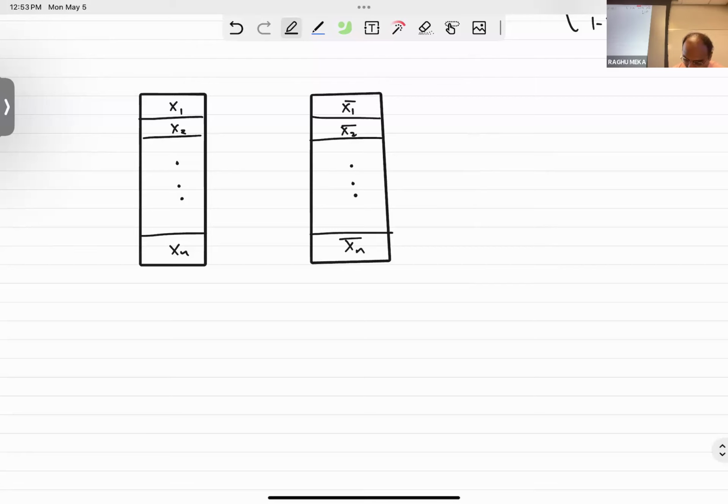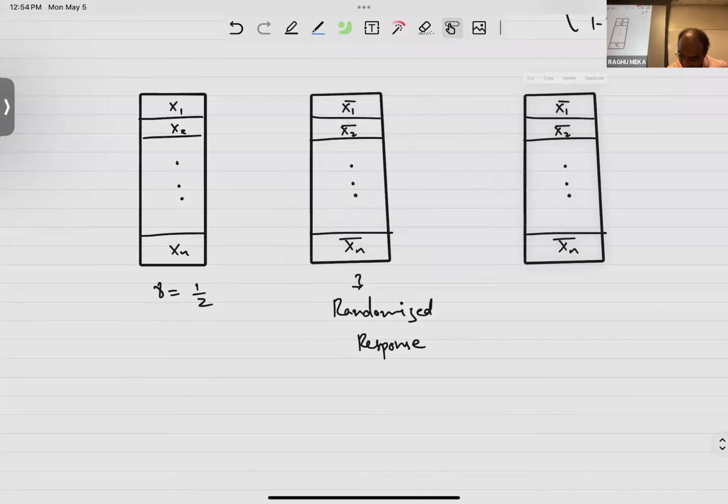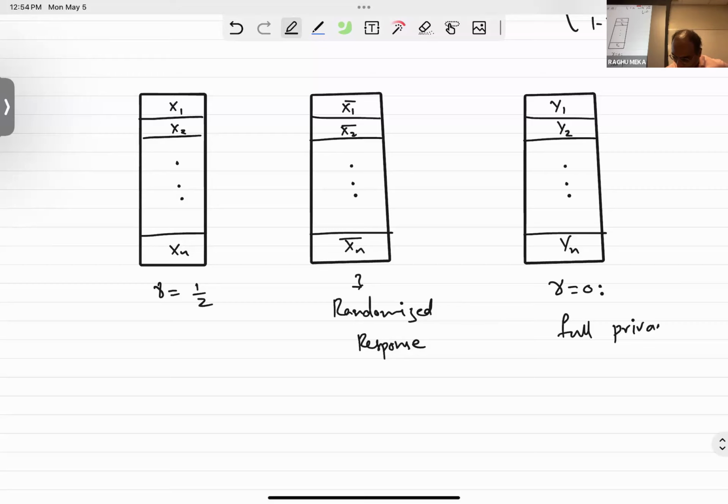This is gamma equals half, and this is randomized response. If gamma equals 0, you have full privacy. There is no dependence whatsoever on the original data set.